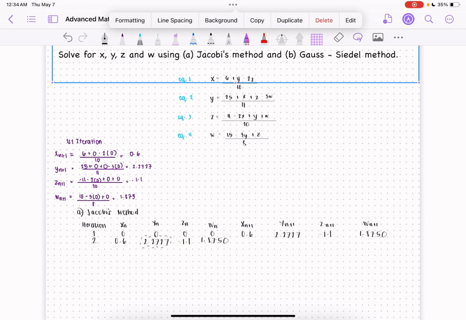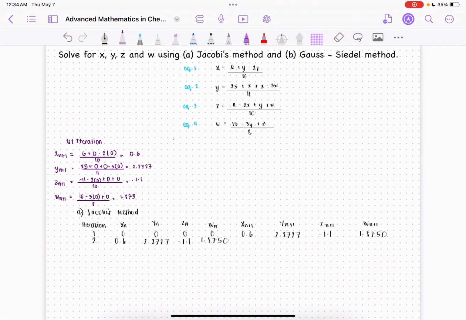Now, we're going to do the same again. So, for our second iteration, we're just going to plug in the new initial values, which we have right here, for x, y, z, and w into our equation right here. So instead of 0, x would be 0.6.